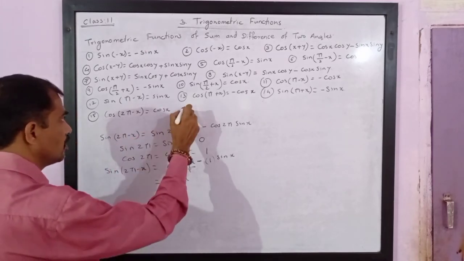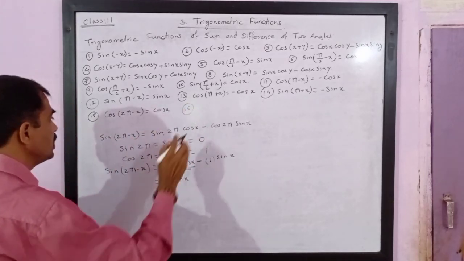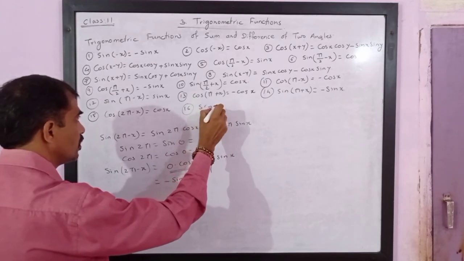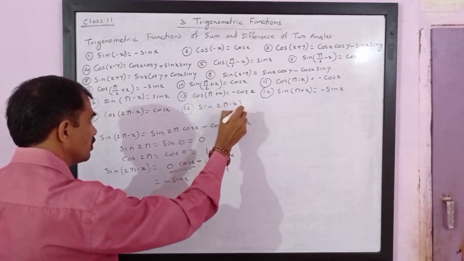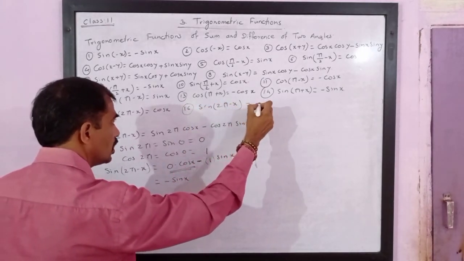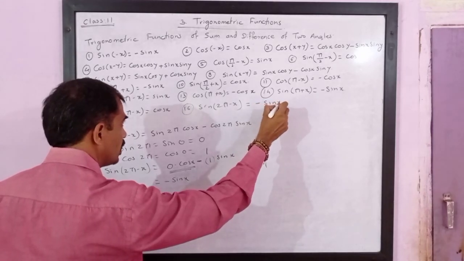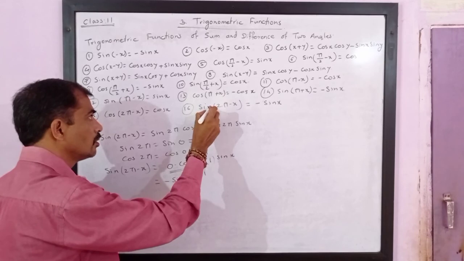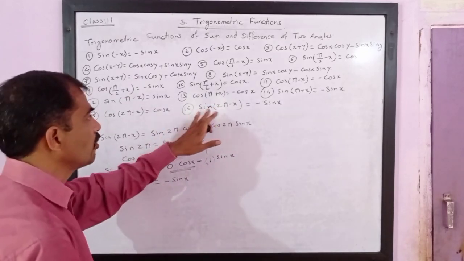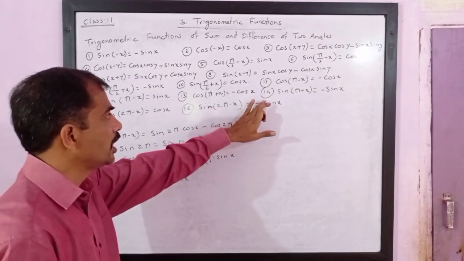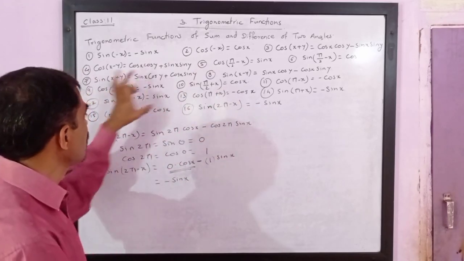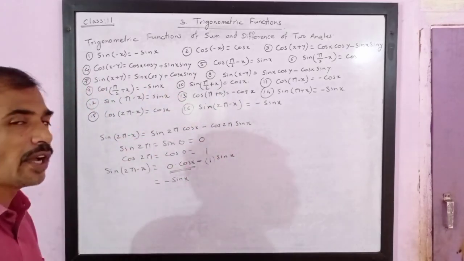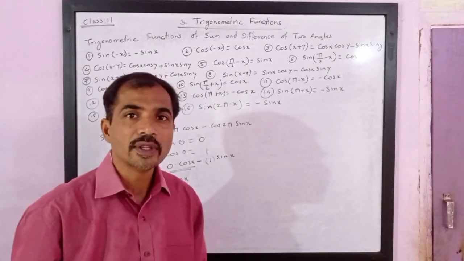Thus, the last identity of this type is sin of 2 pi minus x is equal to negative sin of x. So these are the certain identities which we are going to use to solve the problems.